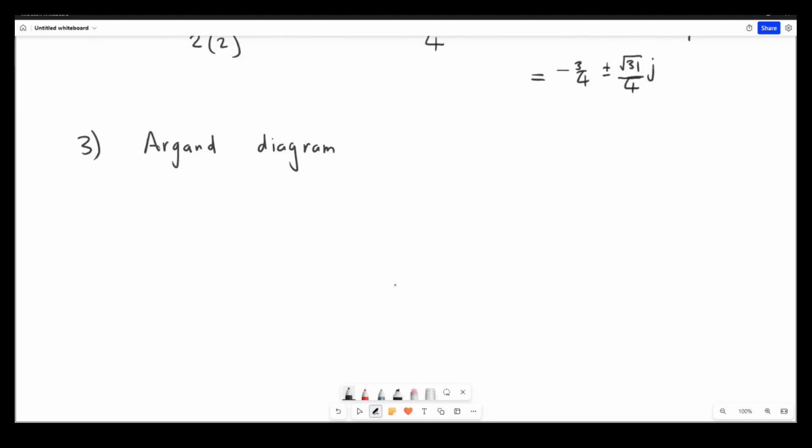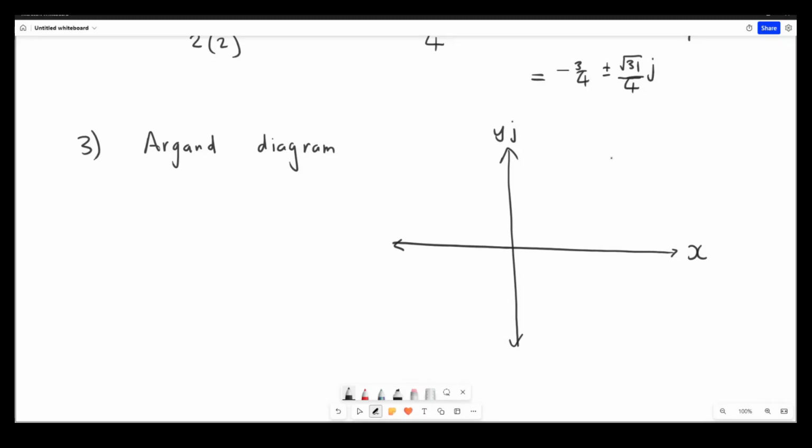So the Argand diagram, we will have the same as we have for the Cartesian plane. This one here is called our real axis, and this one here, sometimes they write as yj, the imaginary axis.